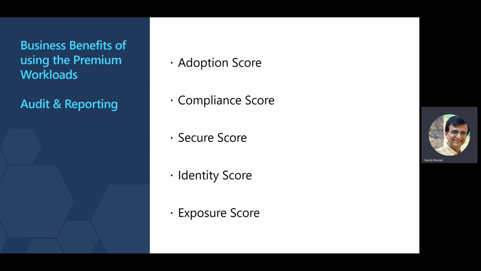Identity score tells you how secure your Azure AD tenant is. Exposure score reflects how vulnerable your organization is to cybersecurity threats. Lower exposure score means your devices are less vulnerable to exploitation.